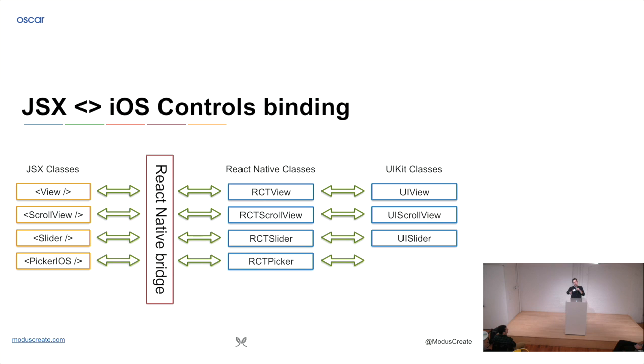You'll see the RCT prefix. Obviously, that implies React. Anyone want to guess what picker goes to? UI picker view. That's the weird one. I don't know why iOS decided to keep it as UI picker view, but they call it UI picker view. But yeah, you see a common pattern. So that's how all the JSX to iOS stuff gets bound.